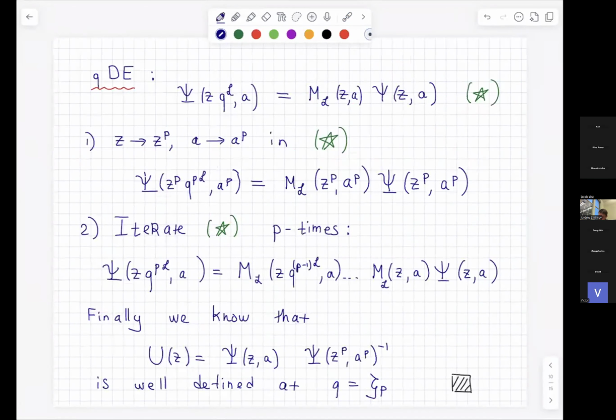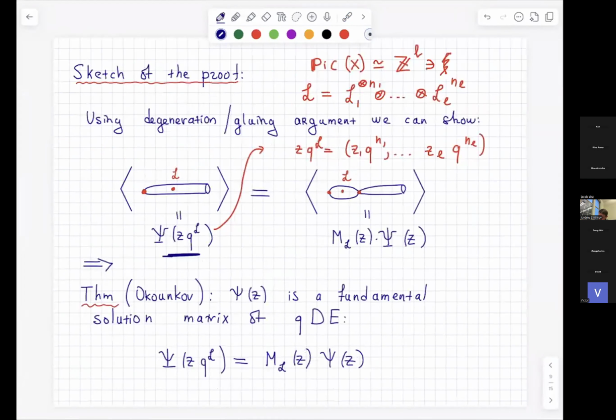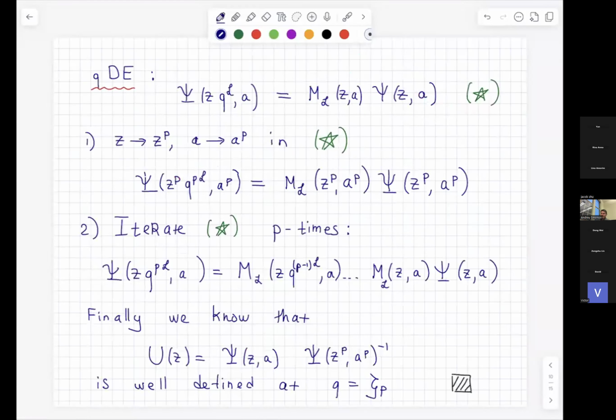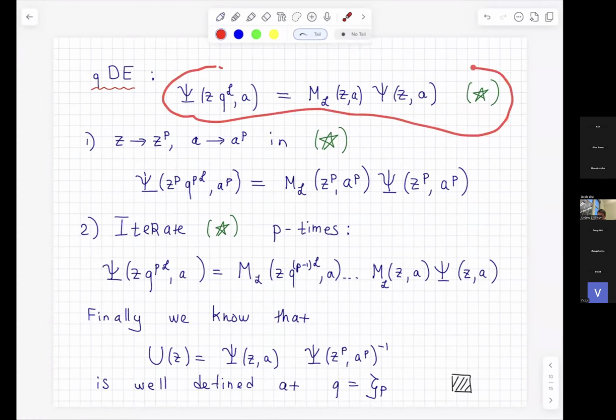What's next? Yeah. So now the proof is very simple. Let's look at this quantum q-difference equation, which I denoted by star here. Then we can do two things with it.